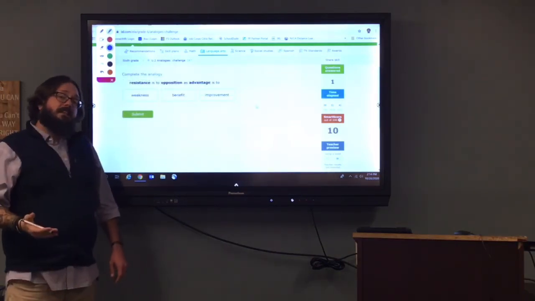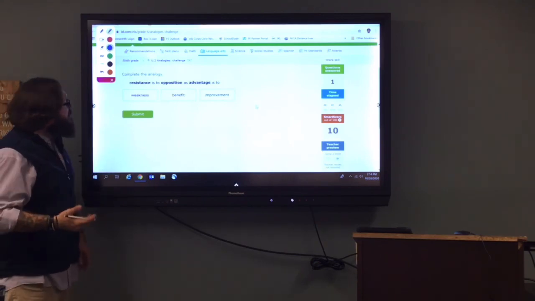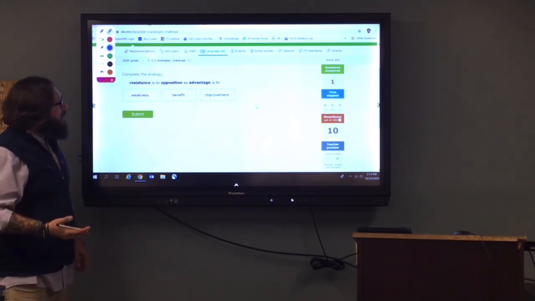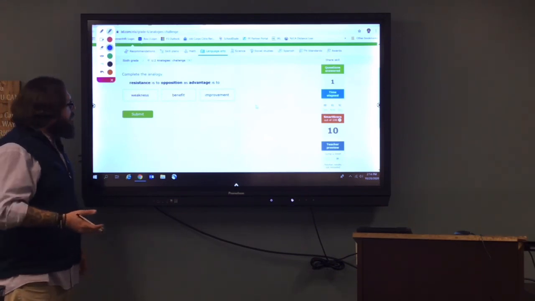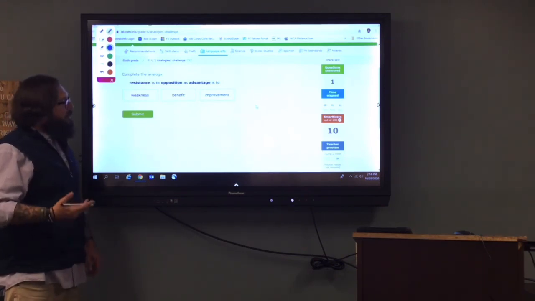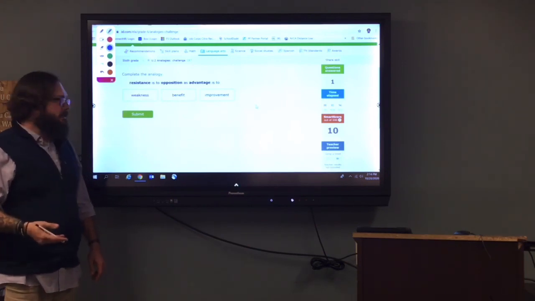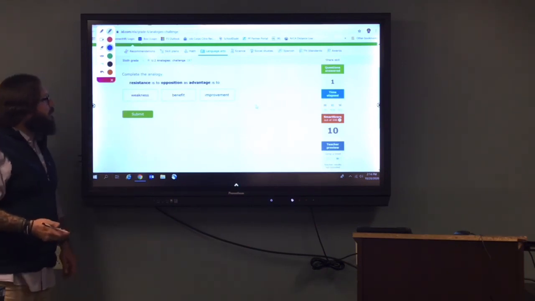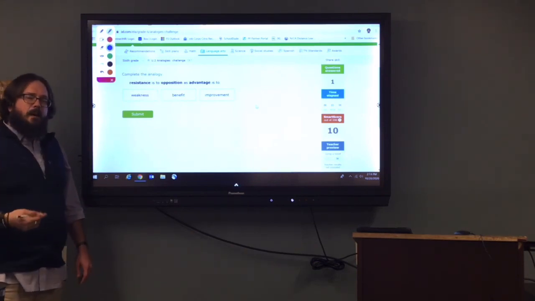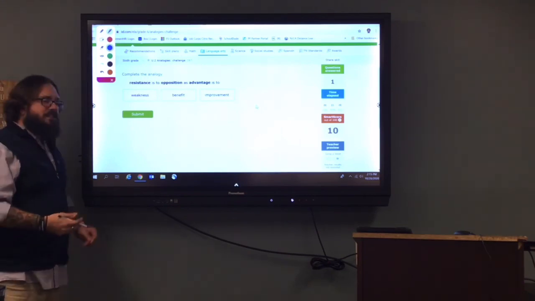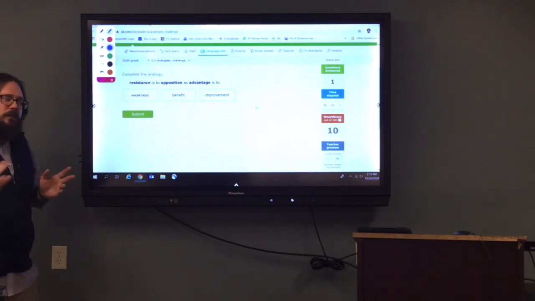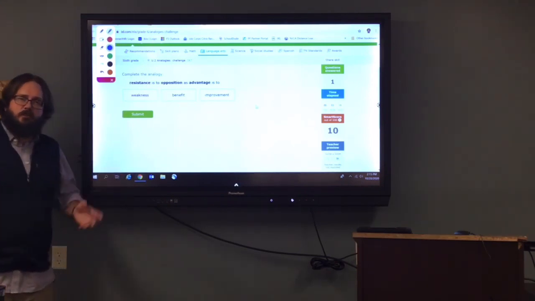In our last example, we have resistance is to opposition as advantage is to what? Weakness, benefit, or improvement. Well, let's think about the relationship between resistance and opposition. So when we resist something, that means that we don't want to do it.